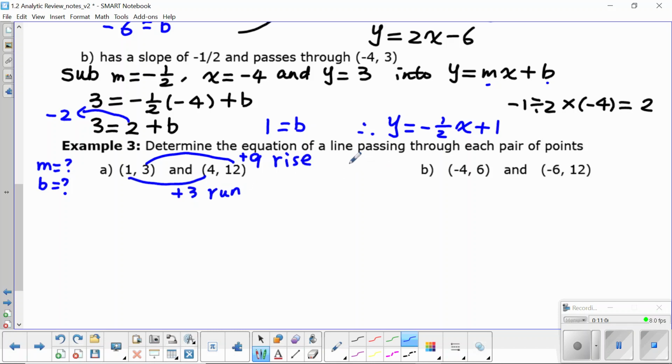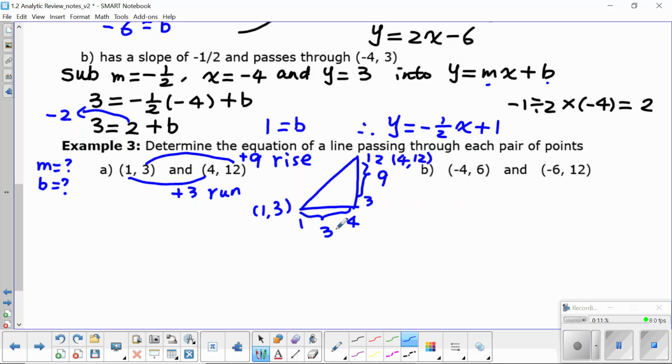And if you see it on the graph, so this is 1, 4, this is 3, this is 12. Okay, so from 3 to 12 is up 9, from 1 to 4 the run is 3. So this is 1, 3, this is 4, 12.